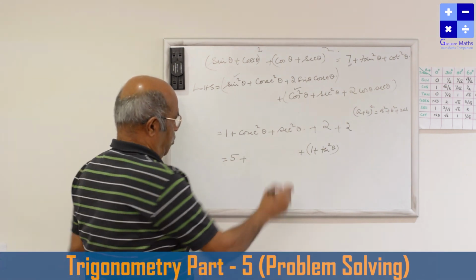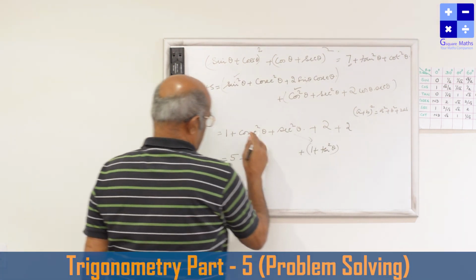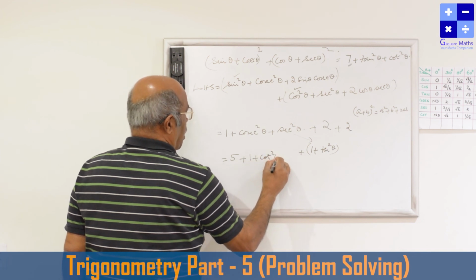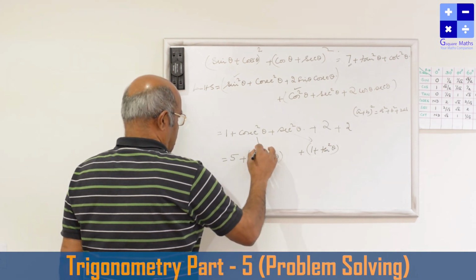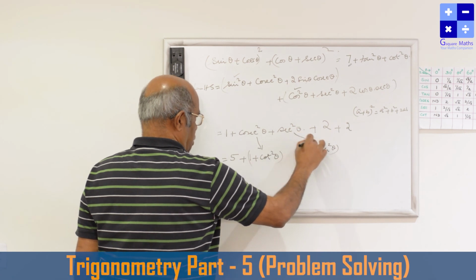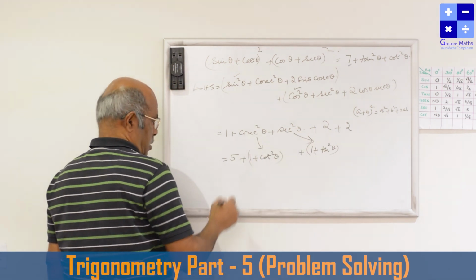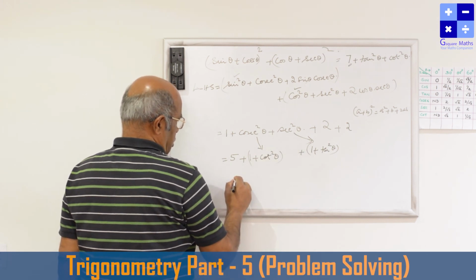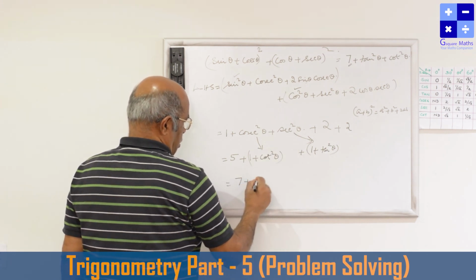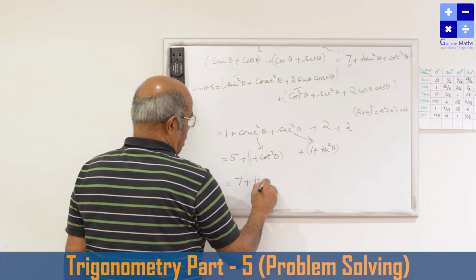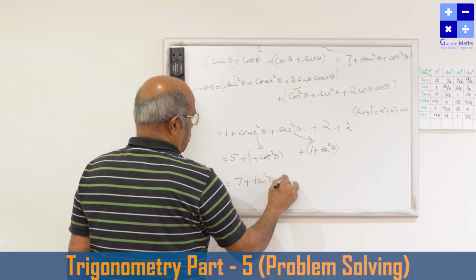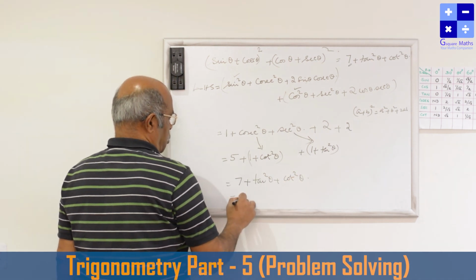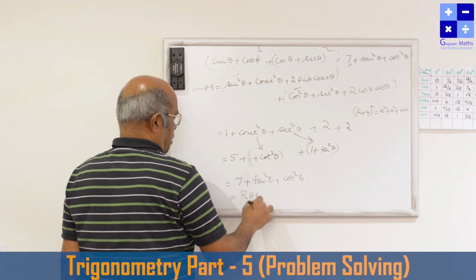So convert using these identities. Similarly cosecant square, 1 plus cot square. This identity applied, this also identity applied. So 5 plus 1 plus 1, that is 7, plus tan square theta plus cot square theta. And that is equal to RHS.